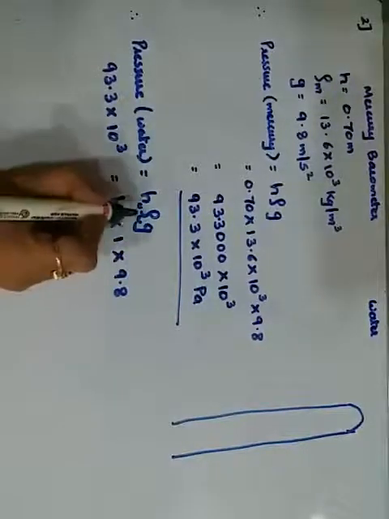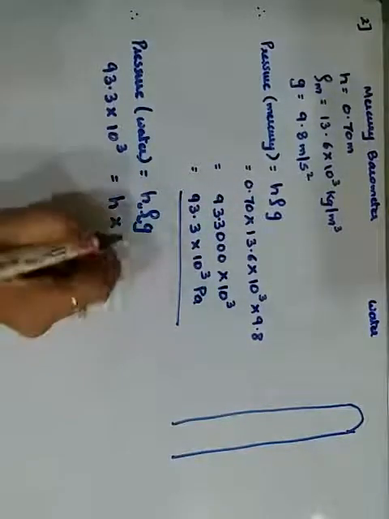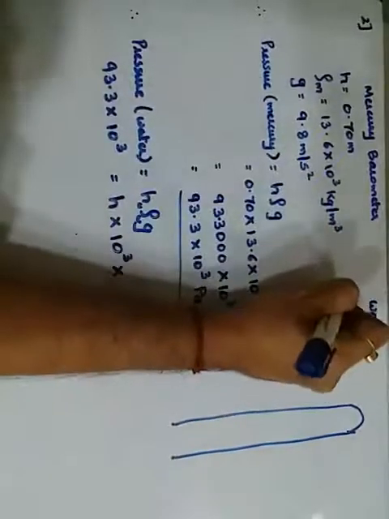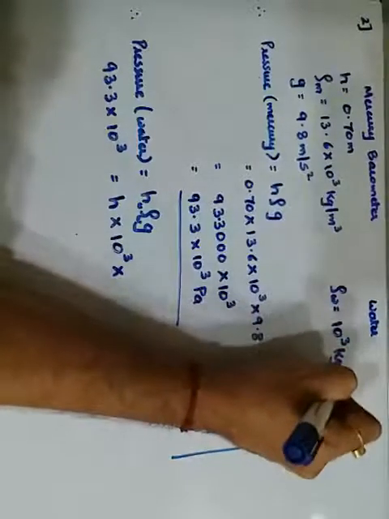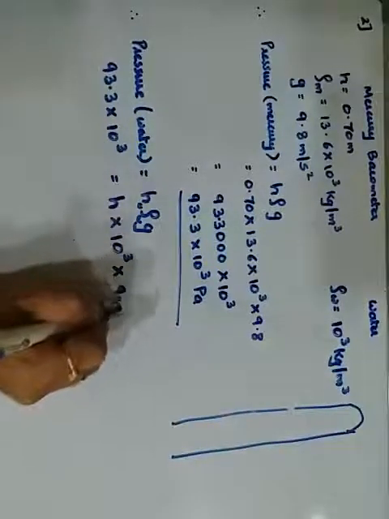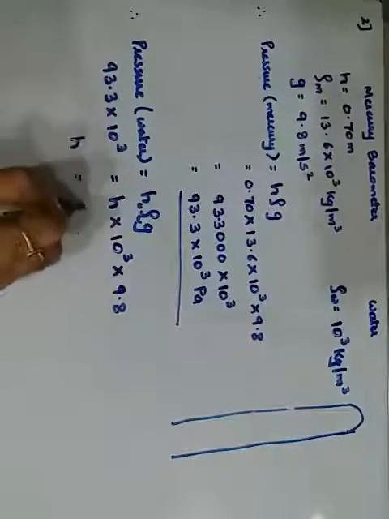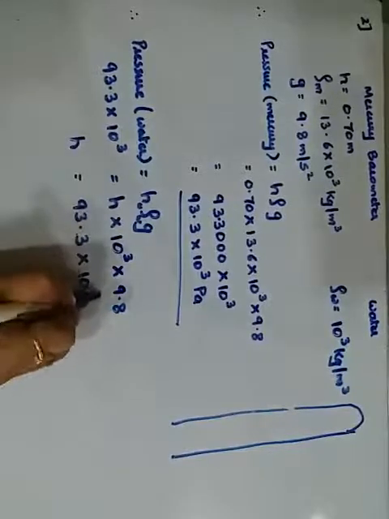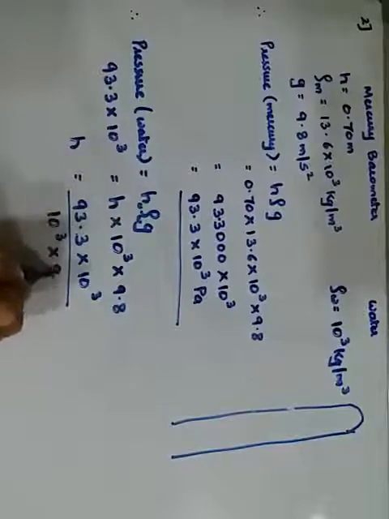Getting it? Sorry, this is in kilogram force, so this will become 10 raised to 3. Let me mention here, density of water will be 10 raised to 3 kilogram per meter cube, and gravity is already 9.8. When I go for cancellation, h becomes 93.3 into 10 raised to 3 upon 10 raised to 3 with 9.8.